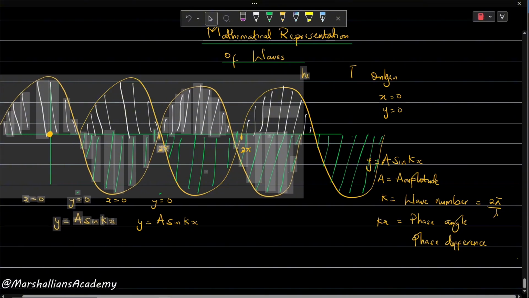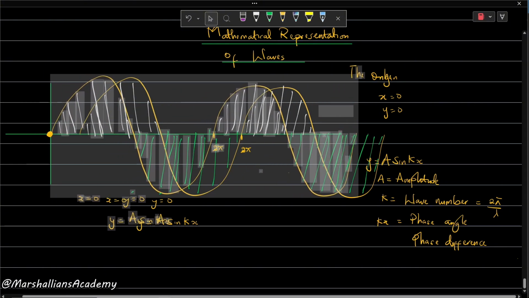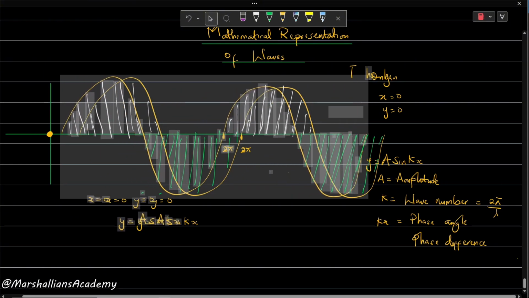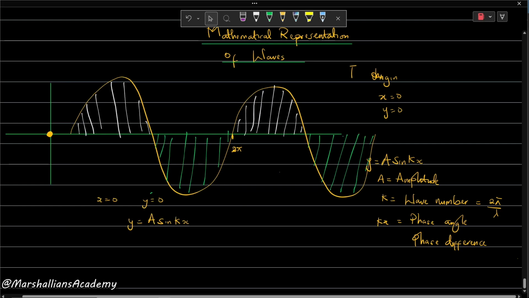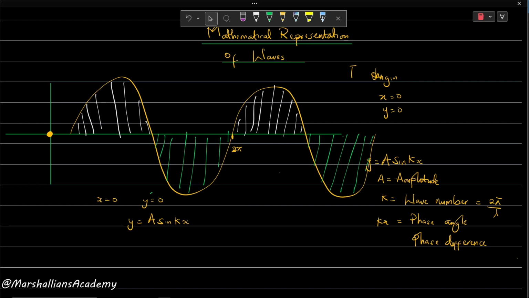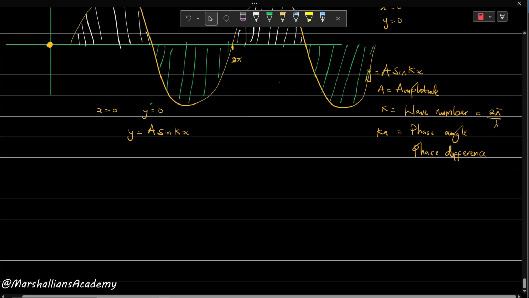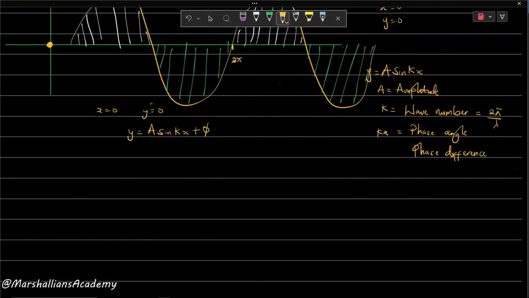Are we together? So let's say the wave starts from somewhere like here. What did you notice? There has been something called a phase shift. The wave has shifted along the x-axis. And if there has been a phase shift in a wave, to account for it, you just need to add plus phi in the equation.